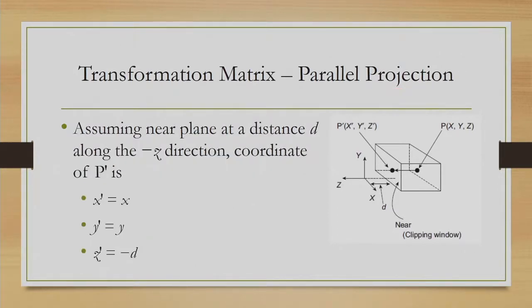Let us assume that the near plane is at a distance d along the minus z direction. So, then it is quite obvious that since it is a parallel projection, the new x coordinate will be same as the original one, the new y coordinate will also be the same. In case of z coordinate, there will be change. So, the new z coordinate will be minus d.